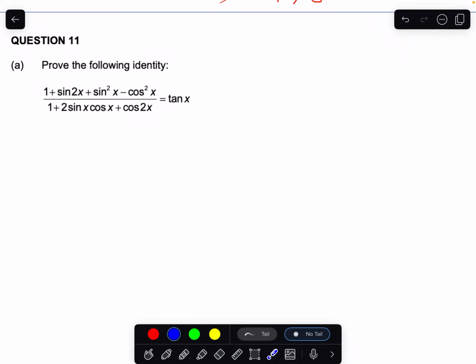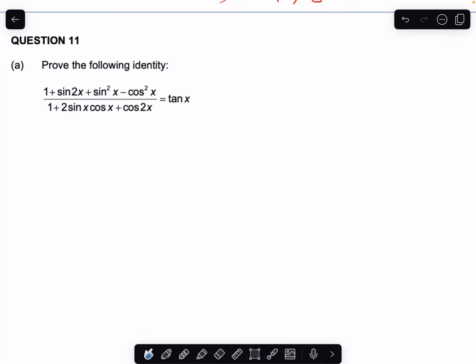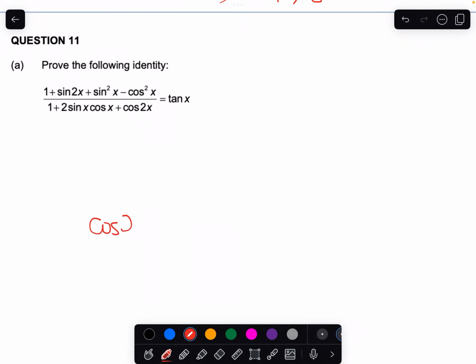However, something else that stands out is that sine 2x is the same as 2 sine x cos x, and sine squared x minus cos squared x is the same as, well, I know that cos 2x is equal to cos squared x minus sine squared x.